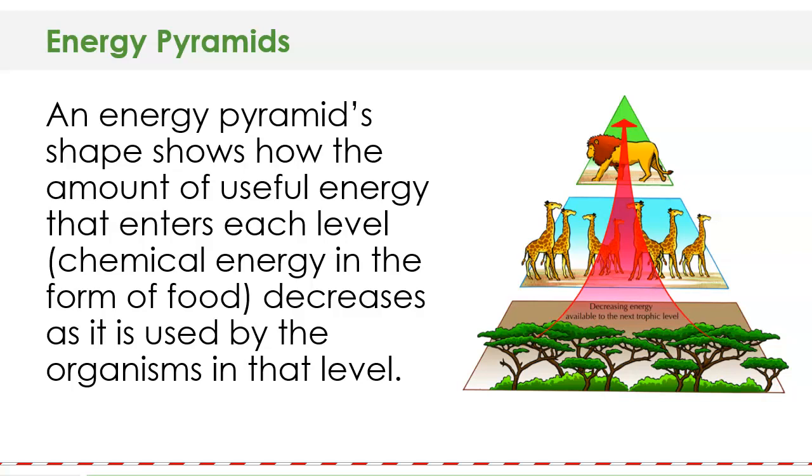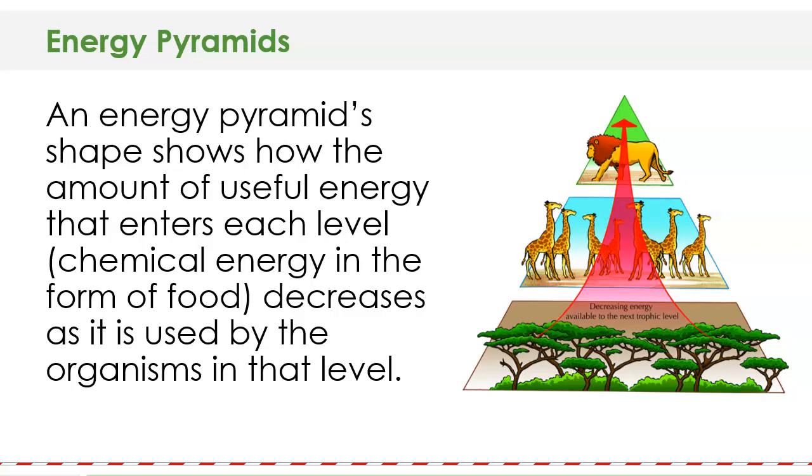We use a pyramid shape for an energy pyramid for a particular reason. And that is to be able to show how much useful energy there is at each level of an ecosystem. So the amount of energy available decreases as we go up the energy pyramid. And so we have the larger part, the producers take up the larger part at the bottom because they have the most amount of energy.